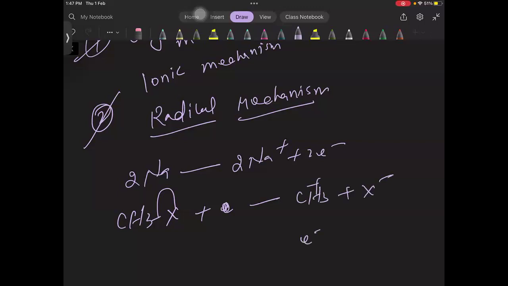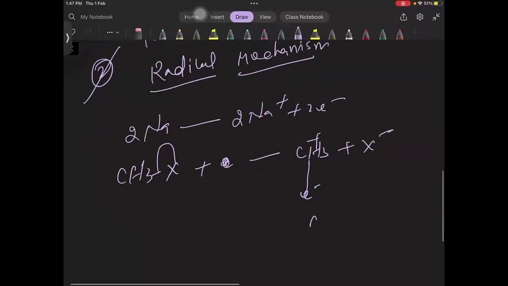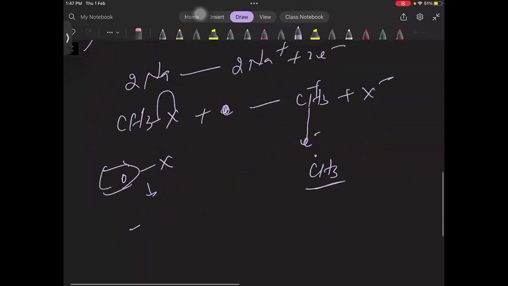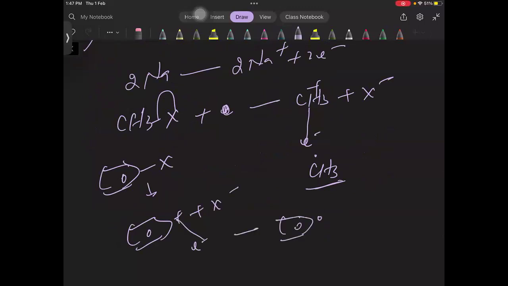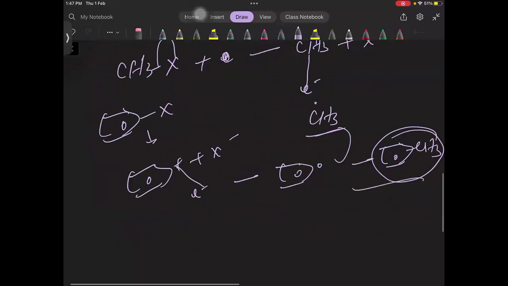Then 1 electron is taken, forming the methyl radical. Similarly, with C6H5X, the same thing will happen: the phenyl cation plus X negative forms, 1 electron is taken, and a radical forms. The two radicals combine together and form toluene. So the things will happen like that.